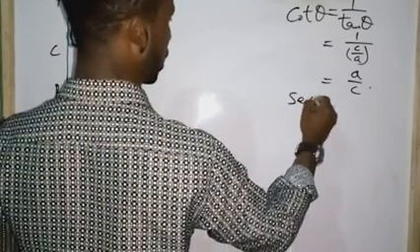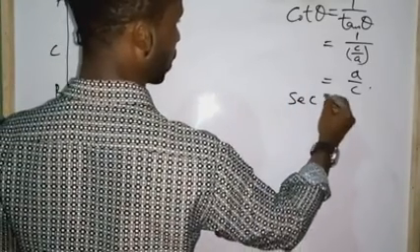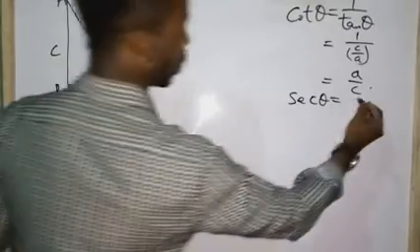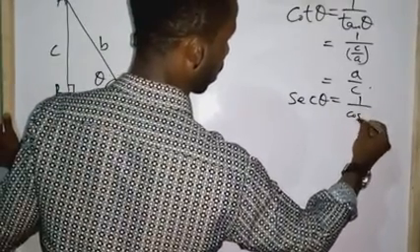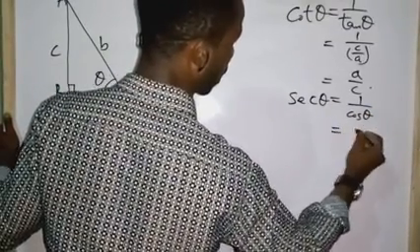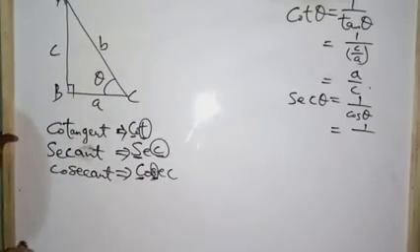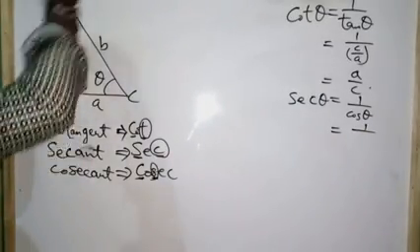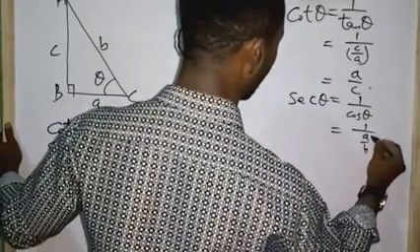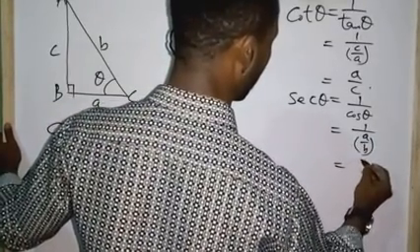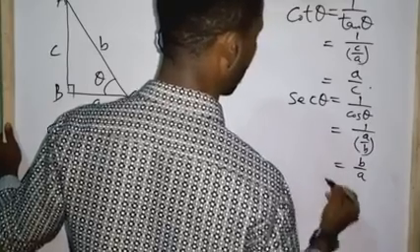Sec theta is equal to 1 over cos theta, and that's 1 over, what is cos theta here? If you remember, that's adjacent over hypotenuse, and that will be a over b, which will give you b over a.